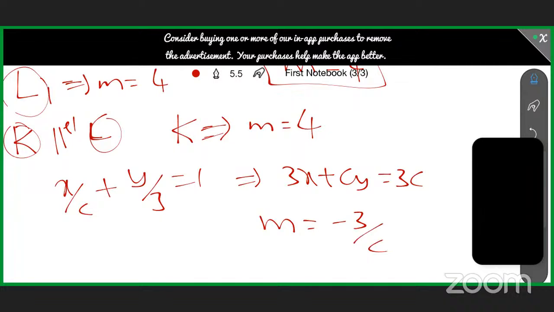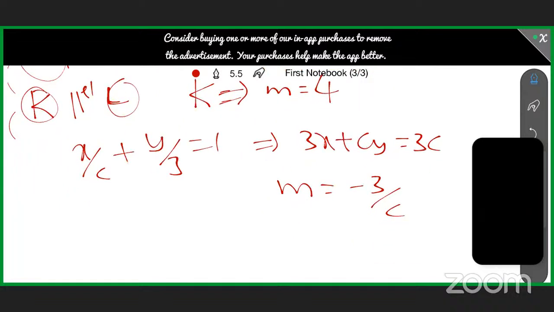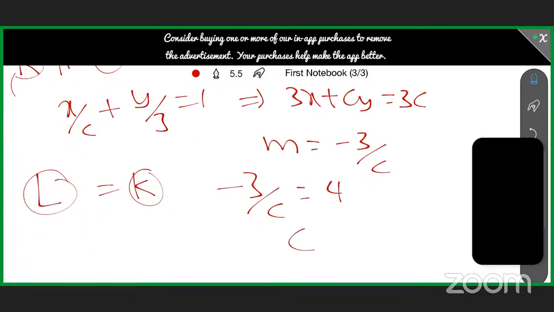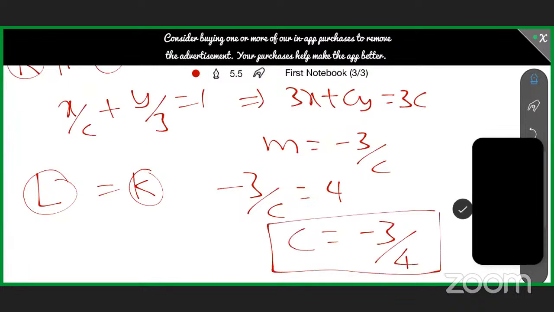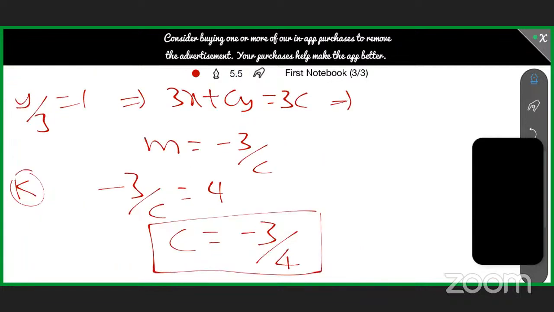We know that the slope of L is 4, so the slope of K, minus 3 by c, is equal to 4. Therefore, c is equal to minus 3 by 4.